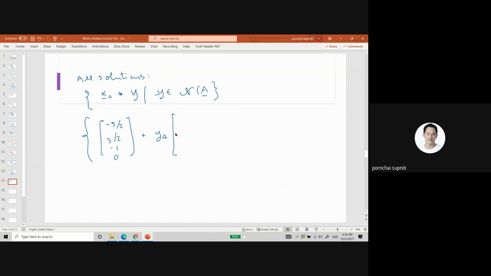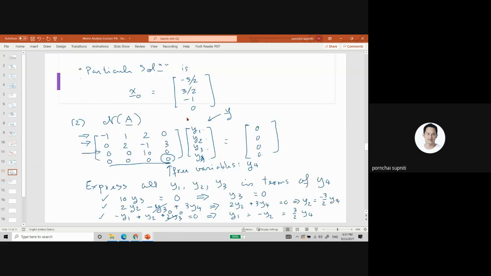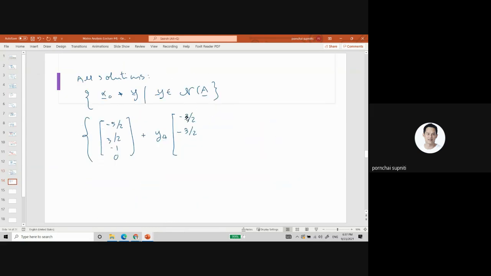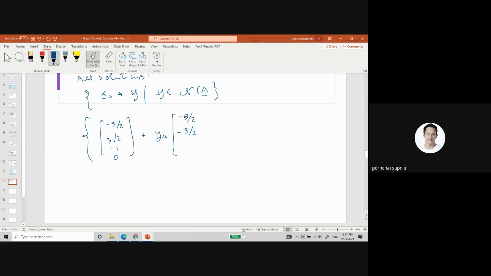Because we express it in terms of y4, I will just pull out the coefficients of y1 and y2. Oops, they have to be opposite, right? One moment. They have to be opposite, no? So one has to be plus, the other one has to be minus.